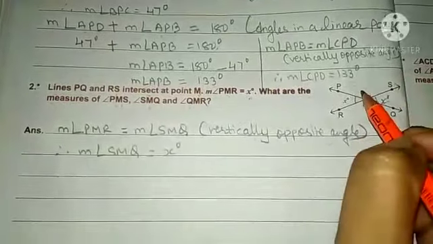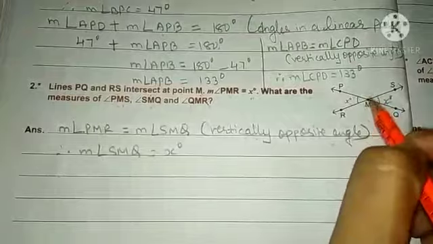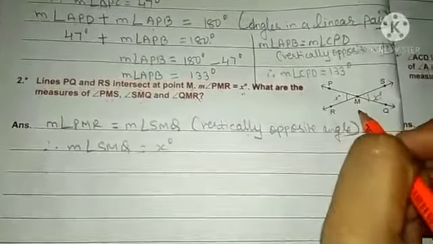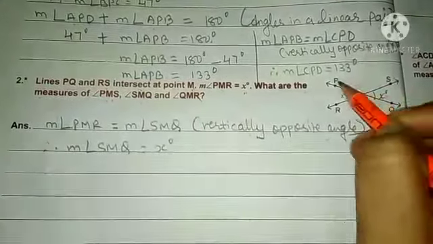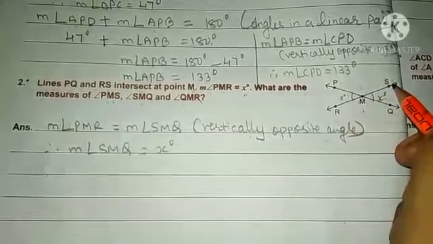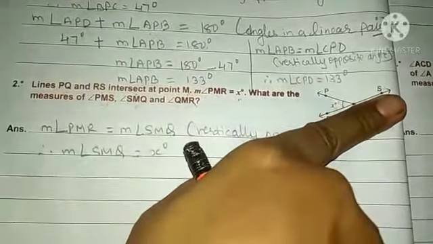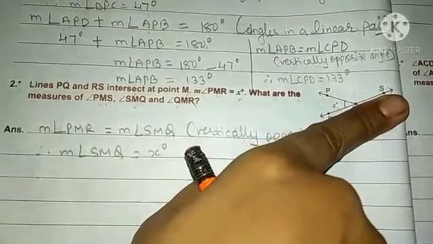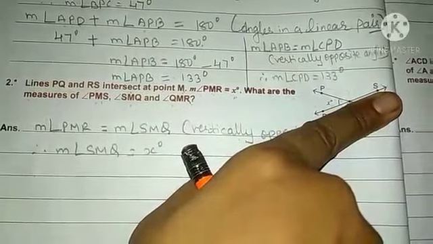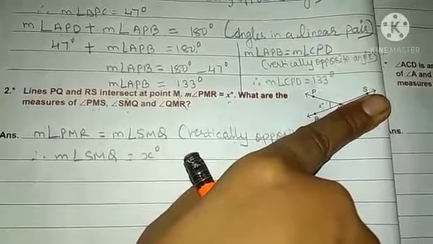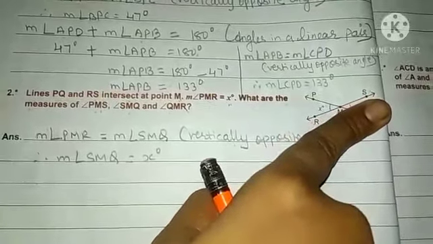Understood? Now we have to find out the measure of these 2 remaining angles. So how you will going to find out? Now again here what you will get, if you will see R, M, S and P, only you have to see this part. So what you will get over here? You will get your angles in a linear pair.